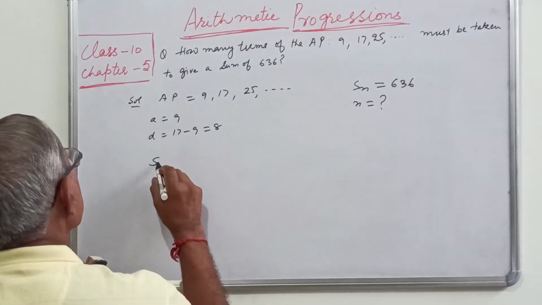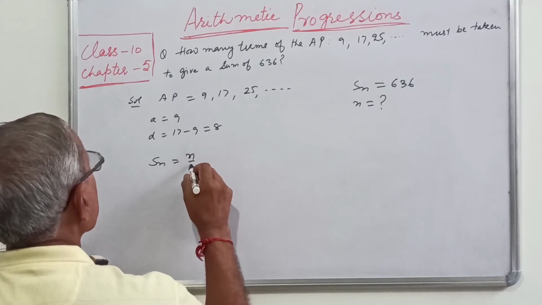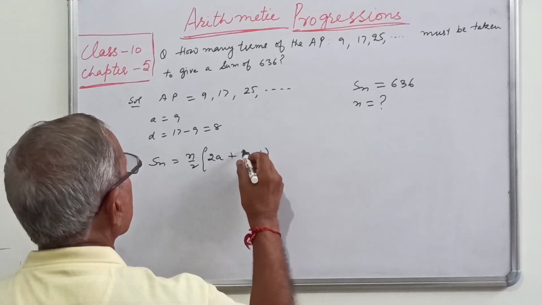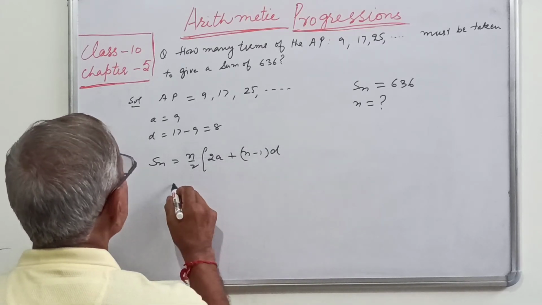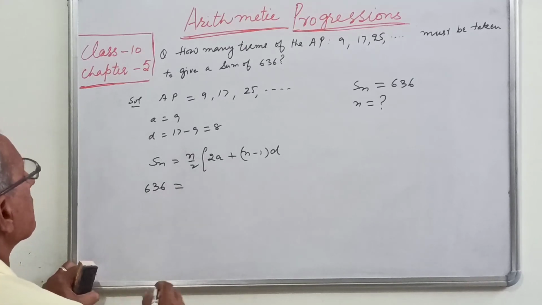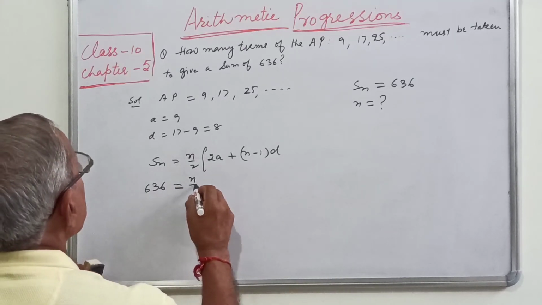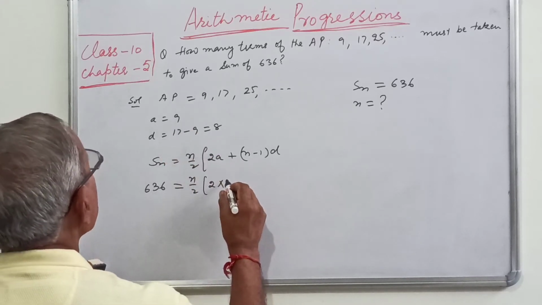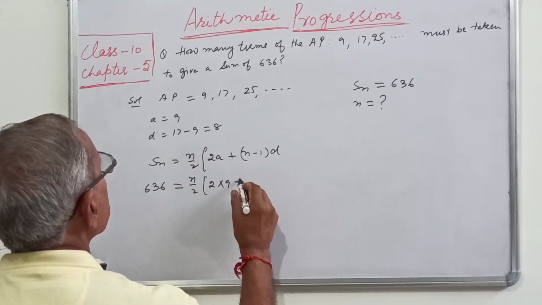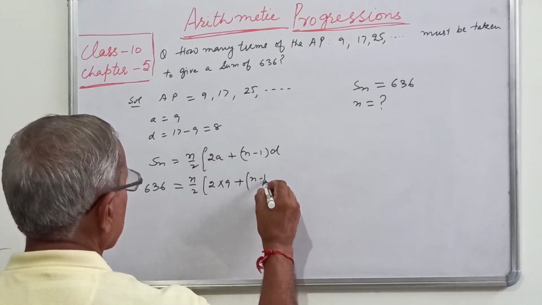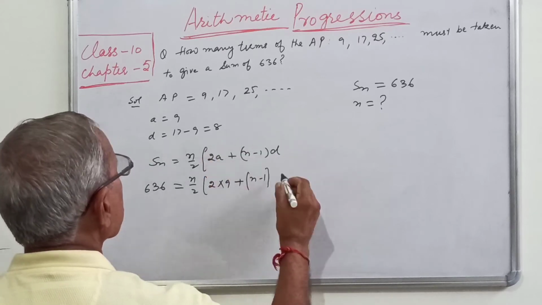So formula of Sn is n upon 2 into 2a plus n minus 1 into d. Sn here is 636. n upon 2, value of a is 9, n minus 1, value of d is 8.